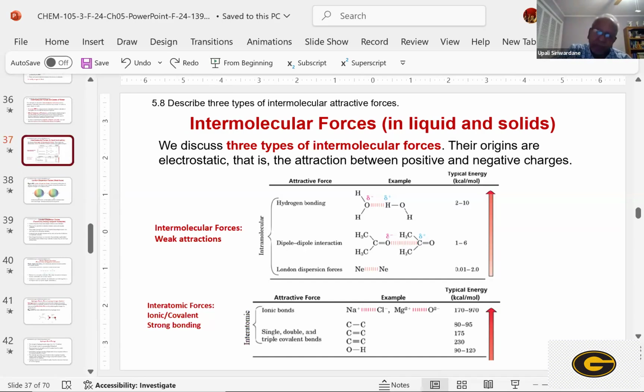We talked about intermolecular forces last time. I am going to go over the problems. We talked about 3 intermolecular forces: hydrogen bonding, which is the strongest, and then dipole-dipole attractions, and London dispersion forces.